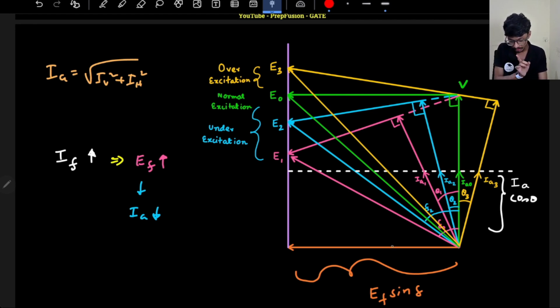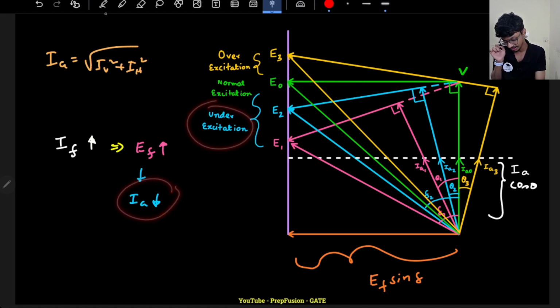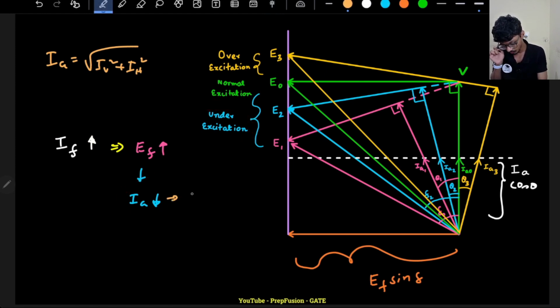But remember, I am starting from leading power factor, where the angle is already very high, and I am reducing my power factor angle theta. So initially, from under-excitation, IA is reducing. Then we reach normal excitation, and as soon as I reach it, the change happens.